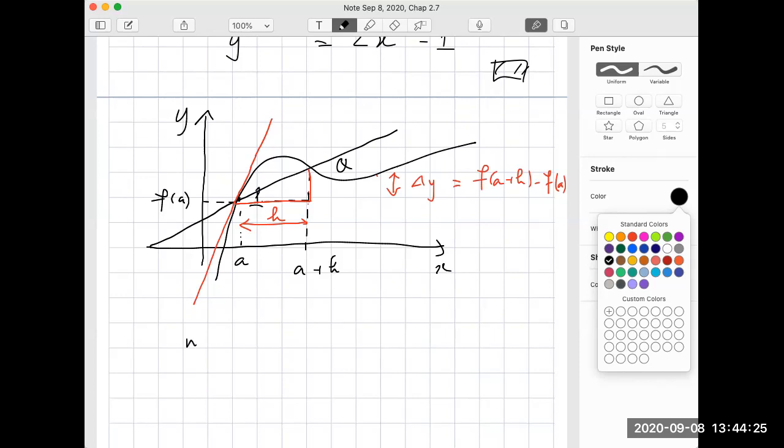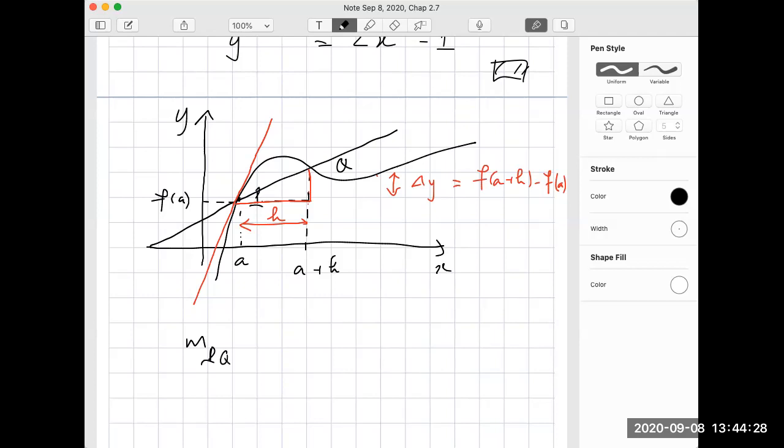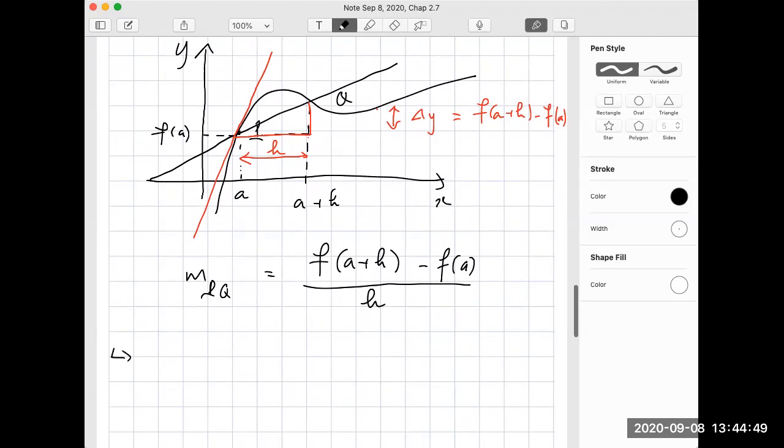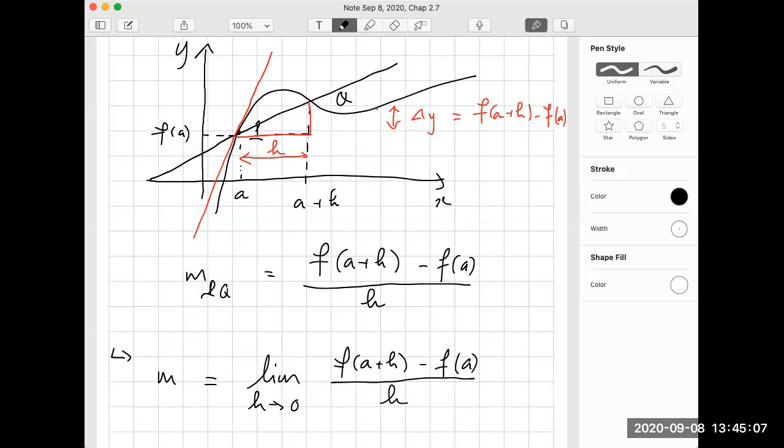So it means that m, the slope of PQ, is f of a plus h minus f of a divided by h. Then the definition of tangent lines becomes the limit when h approaches 0 of f of a plus h minus f of a divided by h, okay?